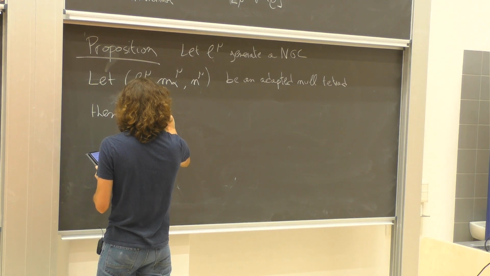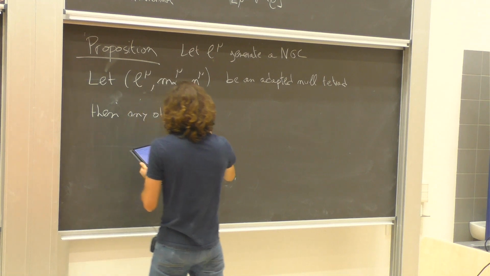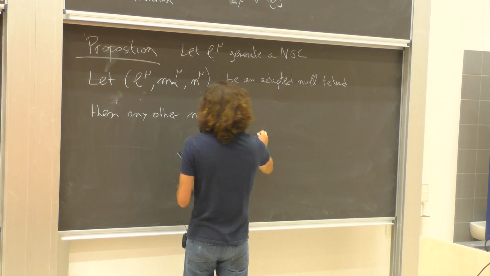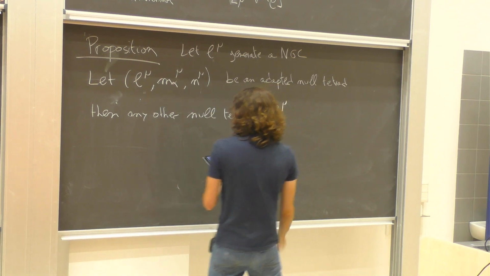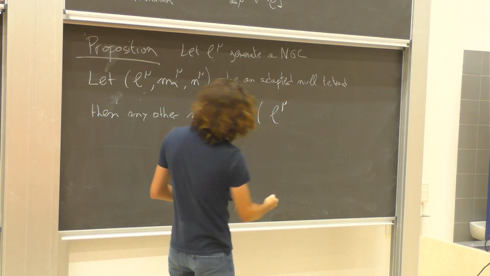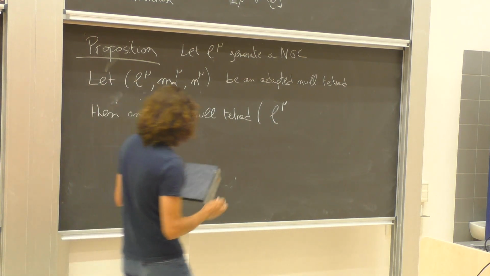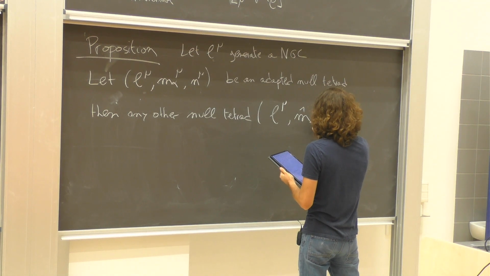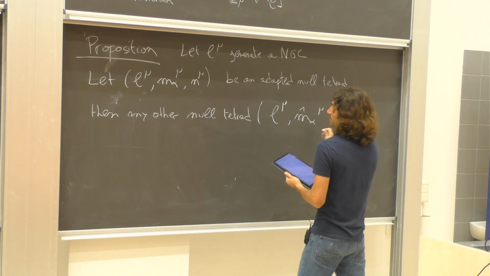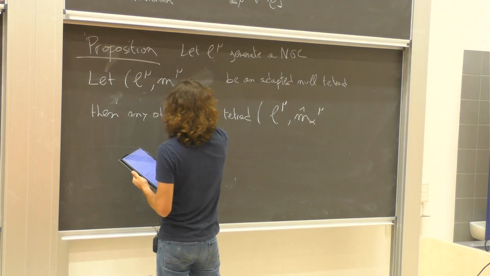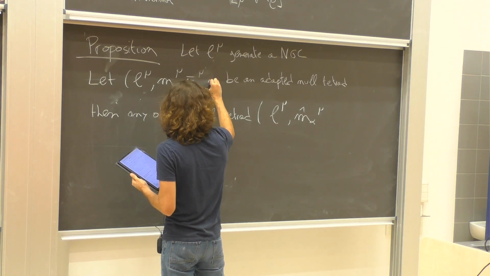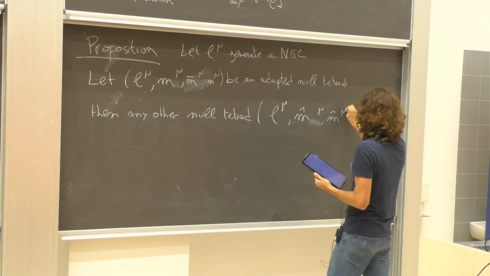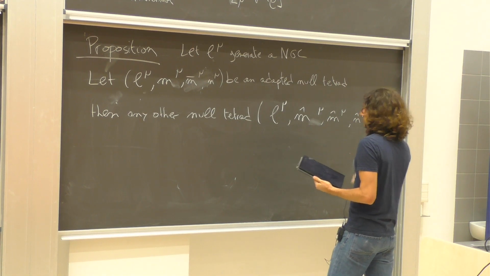Then any other null tetrad, which I'm going to write with a bar, must be of the following form.